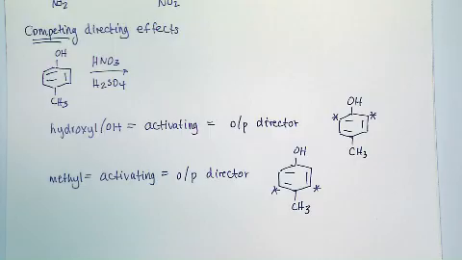So what we need to do instead is flip the order of the groups. So here you can see we installed first an ortho-para director, and then, surprised Pikachu face, we can't meta direct with it, right? Okay, well, whose fault is that, right? Okay, so how about we install the meta directing group first, and that way we can have meta substitution of the ring.